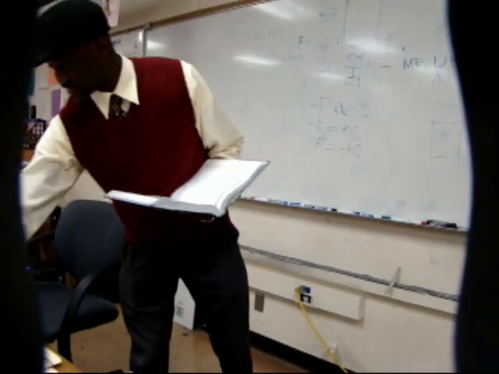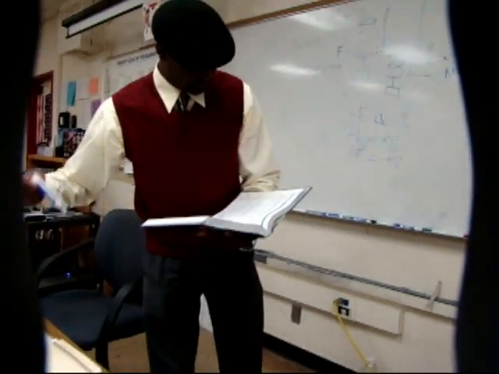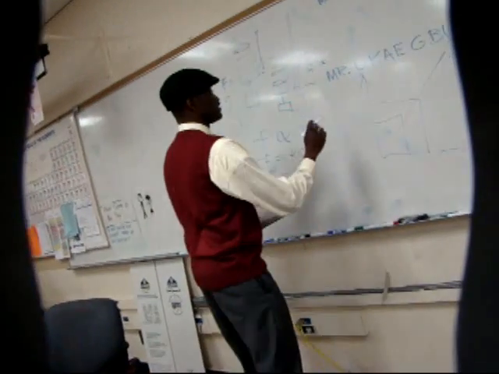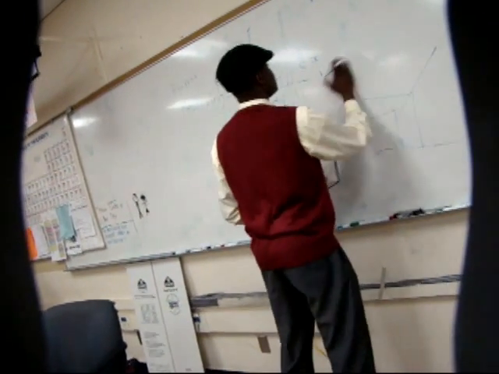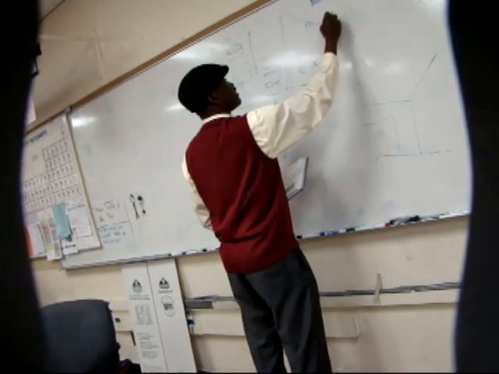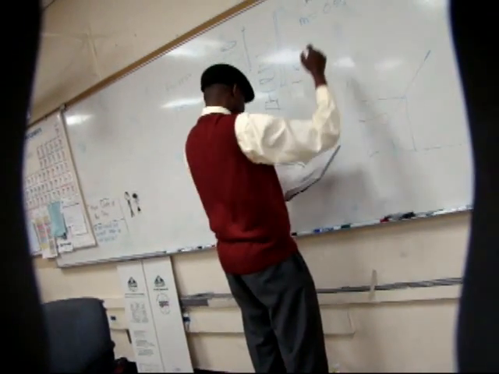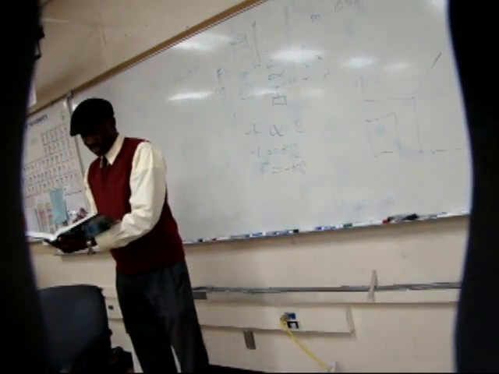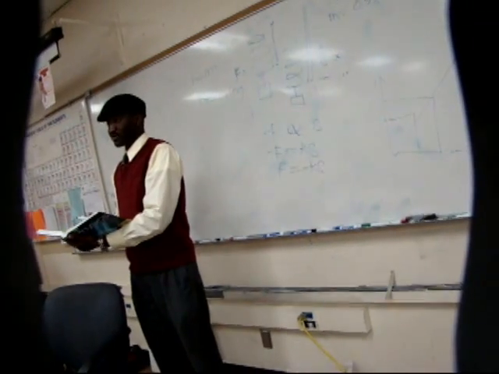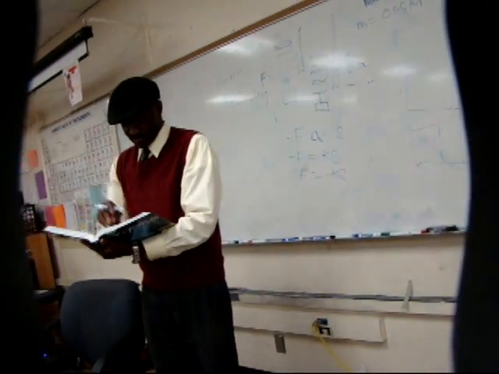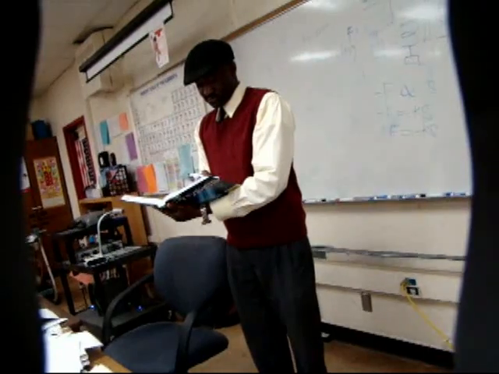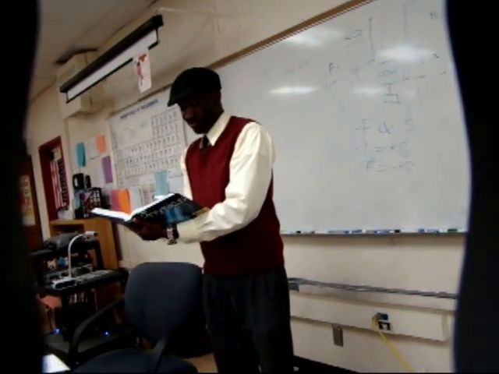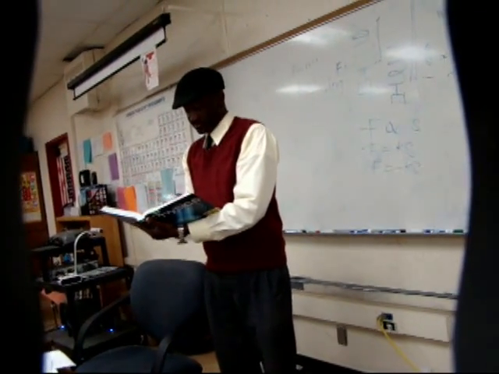On this book, it says, if a mass of 0.55 kilogram is attached to a vertical spring, that's a vertical spring. The spring stretches 2.0 cm from its original equilibrium position.